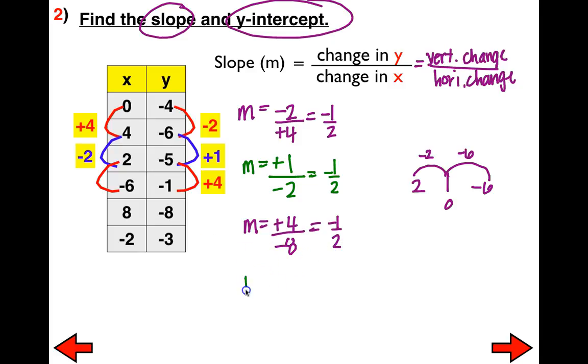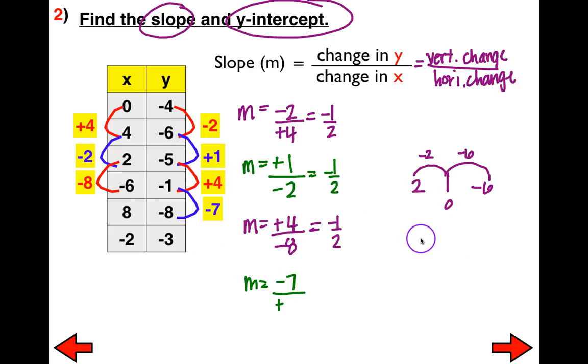Now, continuing on, the slope for the next one. What is the change in y? It went from -1 to -8. It did get smaller, so that's going to be a subtraction. How much are we subtracting by? Well, we're subtracting by 7. That's my change in y. But what's the change in x? It went from a -6 to an 8. It did get bigger. But by how much?